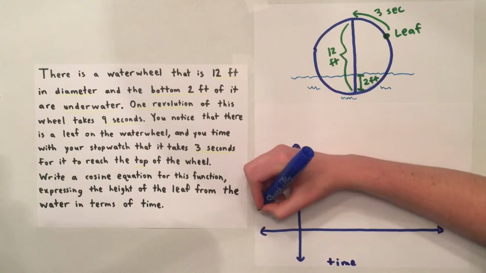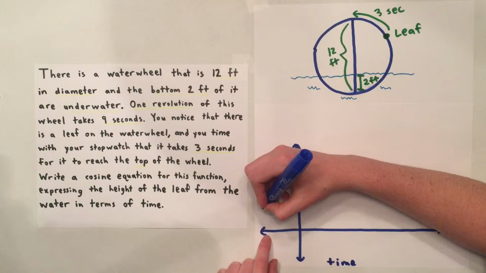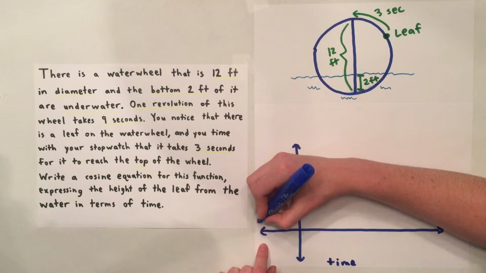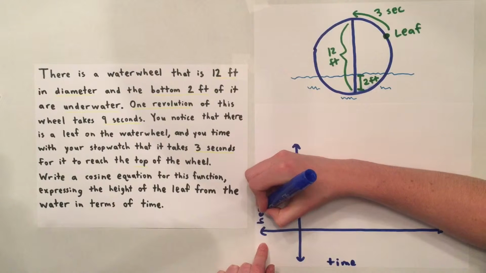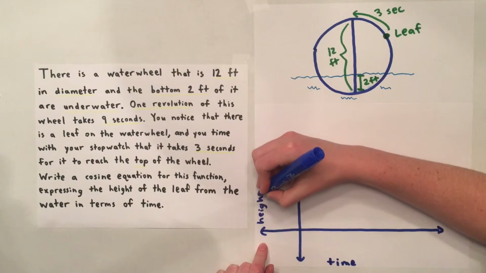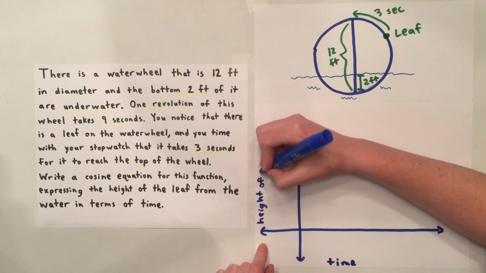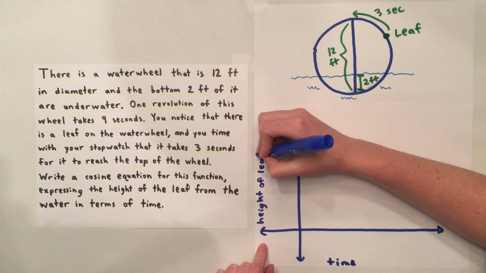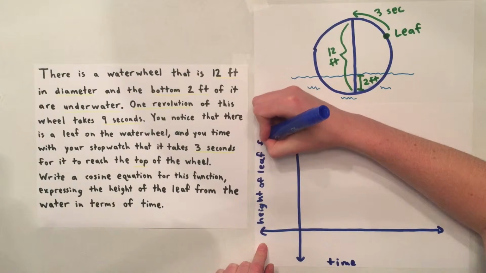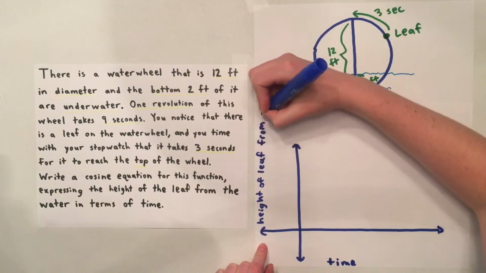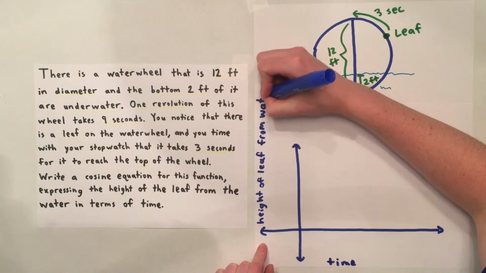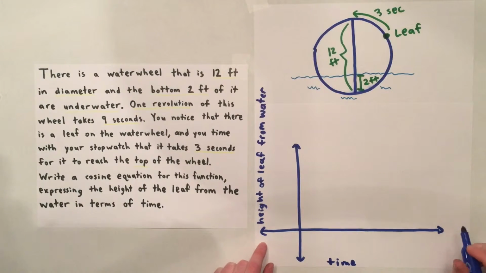So time goes on our x, and our y is the height of the leaf from the water. If I look back at the problem again, I see that time is in seconds and height is in feet, so I can add that as well.